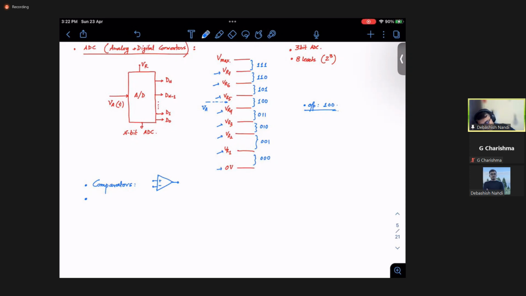Some resistive division, or let me rather say some voltage divider circuits, to generate these intermediate levels. So these are the basic concepts of why we need ADCs and what ADCs are mainly comprised of.